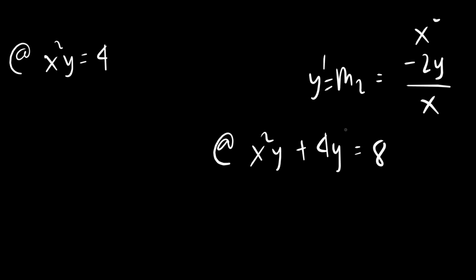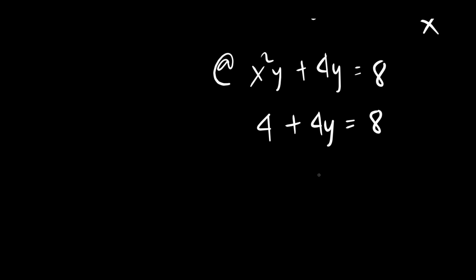So we substitute: x squared y equals 4, so 4 plus 4y is equal to 8. So we'll have 4y, 8 minus 4 is just equal to 4. So y is equal to 1.